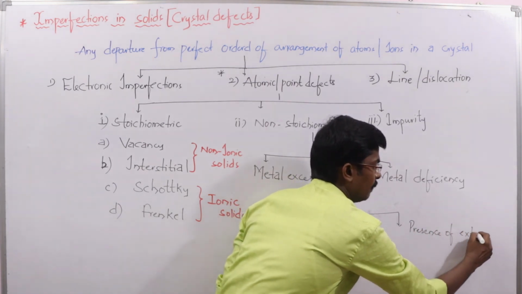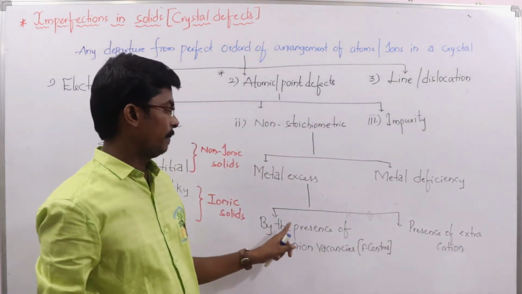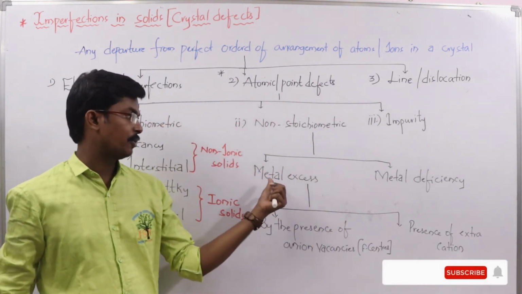Either by the presence of anion vacancy or by the presence of extra cation, it shows metal excess defect.